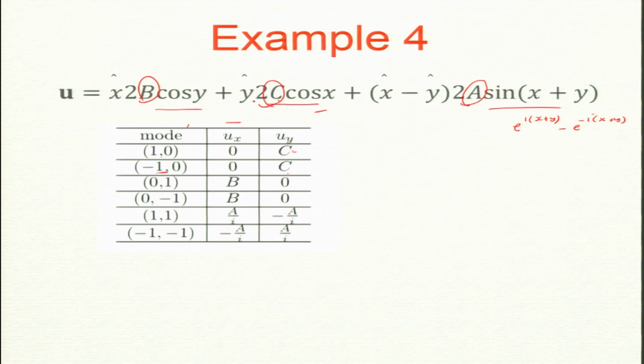It has only a y component, this y hat. This one is 0 1, right, cos y is 0 1, ky, and it has only amplitude along the x direction, x hat. So, this is b. This one is 1 1 and minus 1 minus 1. It has components along x and y both, and these are the 4 amplitudes.